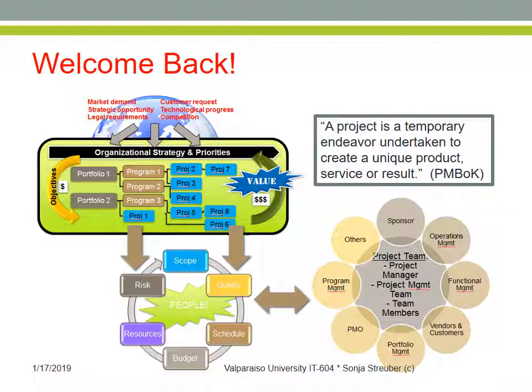The organizational strategy and priorities then give rise to objectives, from which are derived the goals for doable units in order to make the goals of the organizational strategy and priorities a reality. These portfolios are typically organized at a functional level, like for example marketing projects, for example finance projects, and then subdivided further into programs.